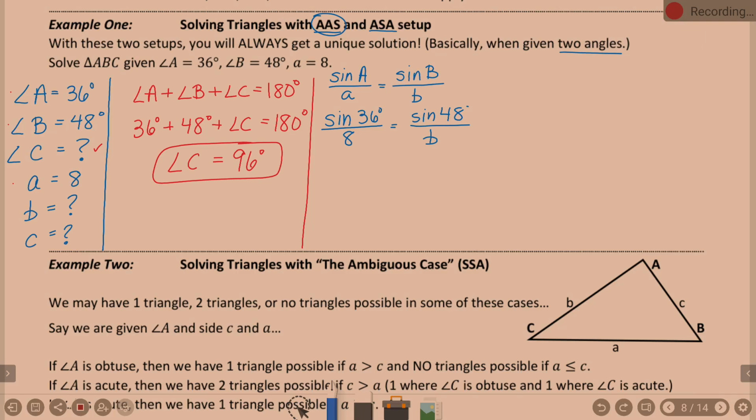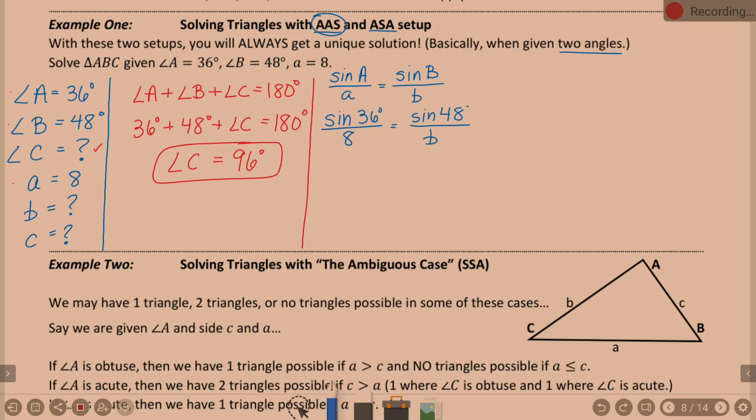This is algebra here. We're solving. Get the b out of the denominator. What method do you guys use to get the b out of the denominator? Multiply the b to the other side, and then divide by the sine of 36 over 8.